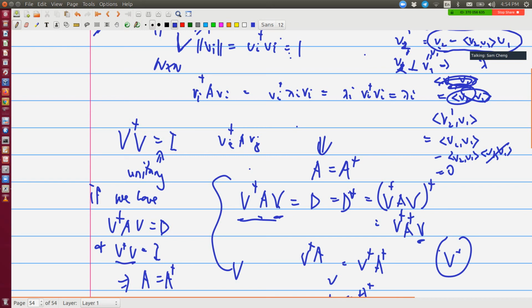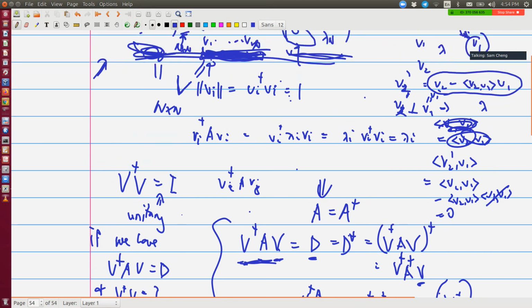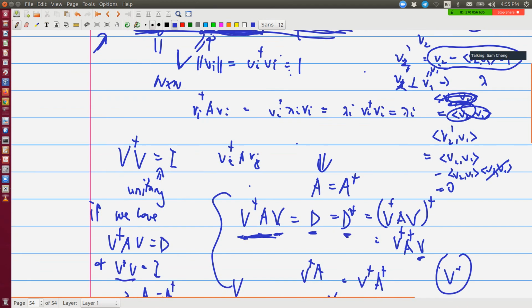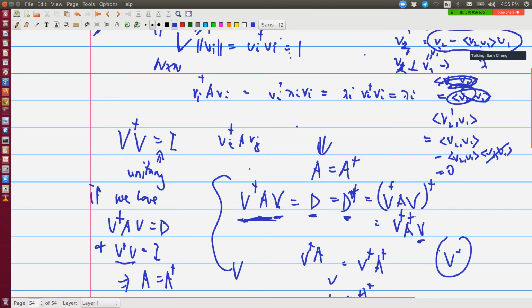How to explain it? If I have V Hermitian A V equal to D, because D is a diagonal matrix, also with real eigenvalues, then it will be equal to D Hermitian, which is equal to V Hermitian A Hermitian V. So I have this equal to this.